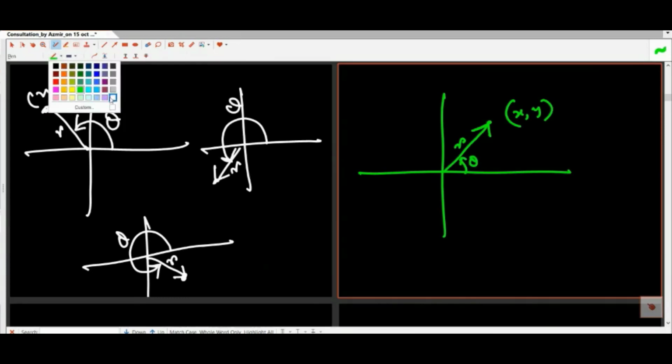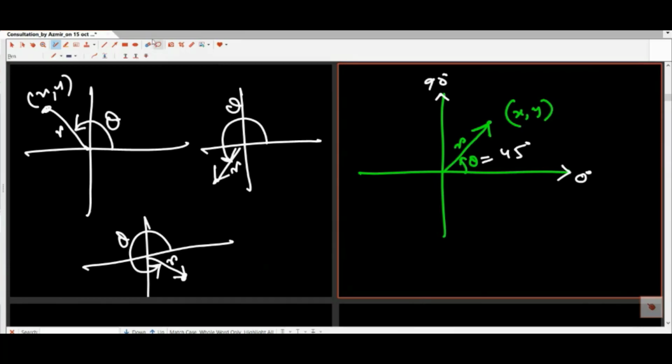Now we can easily understand that, let's say this angle lies between 0 degrees and 90 degrees. We can easily think about where the point is located. It is between 0 and 90 degrees, which means the value can be 45 degrees, let's say. Whenever we come from the positive x-axis with a 45 degree angle, we get this line.